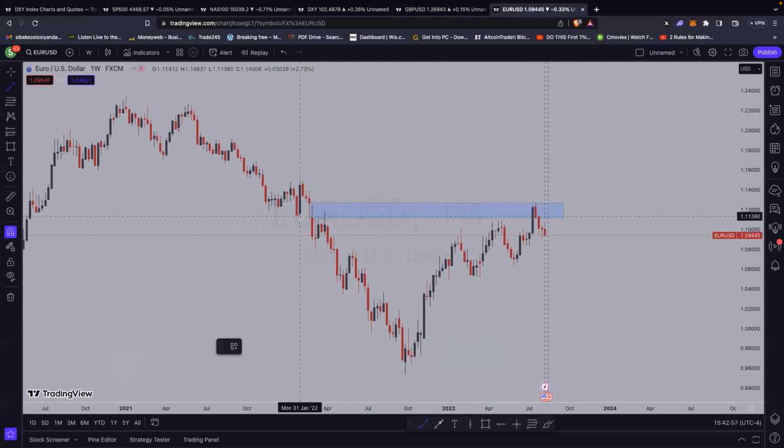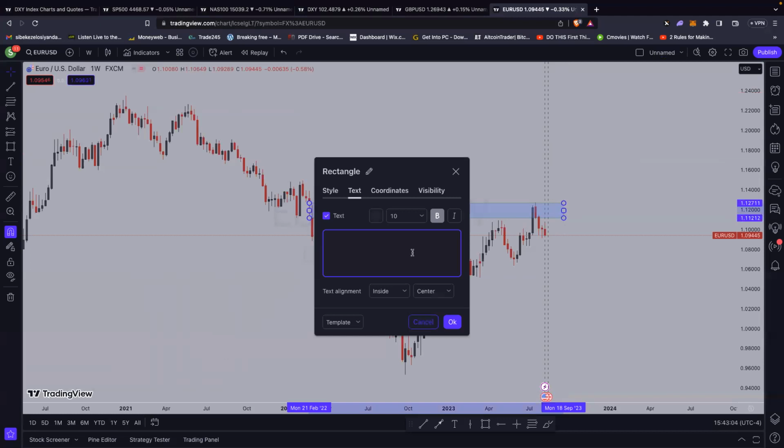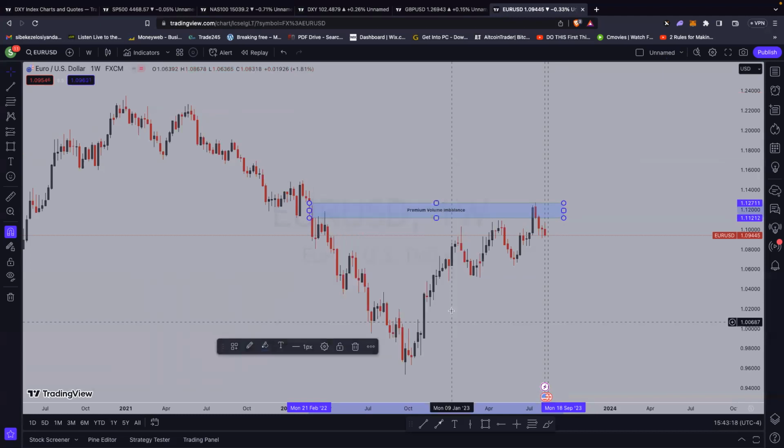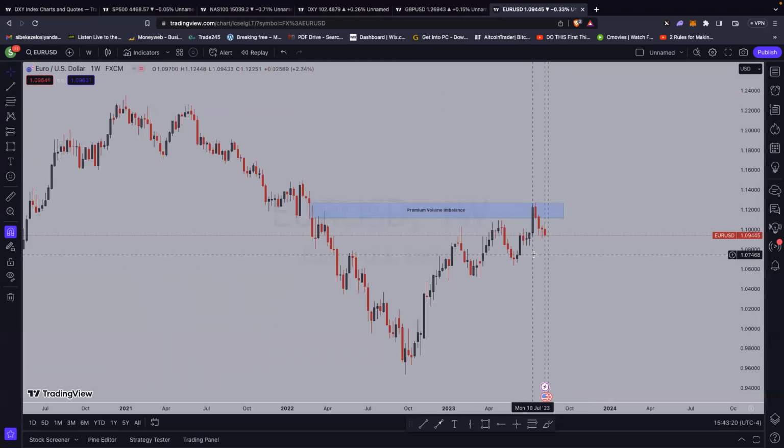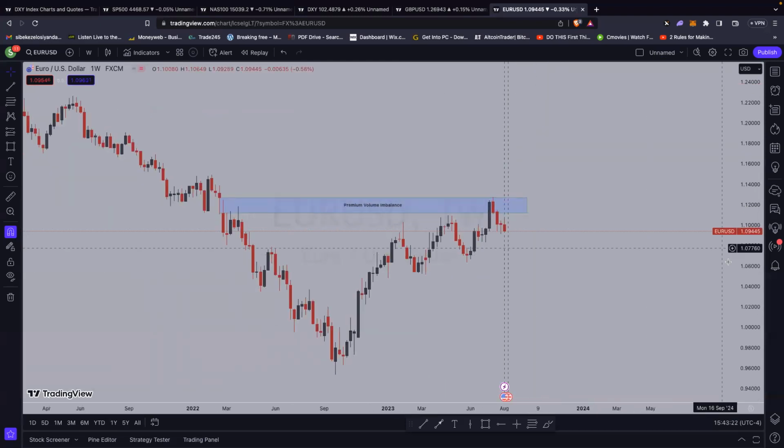I'm not gonna annotate that because I want to keep my chart cleaner. So let me just say premium volume imbalance.